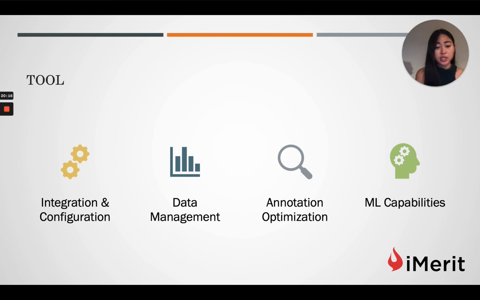Annotation optimization, this is a really big one. I think a lot of people think of ML capabilities when thinking of annotation optimizations, but there are many, many other ways that annotations can be sped up and the data quality can be improved.